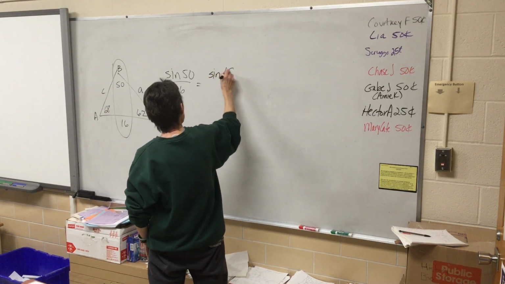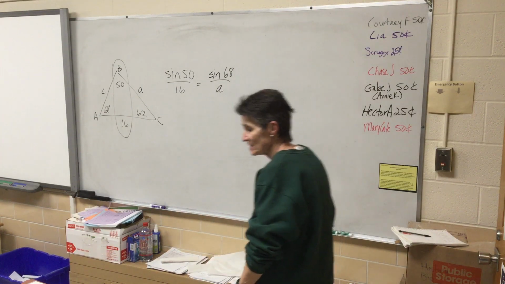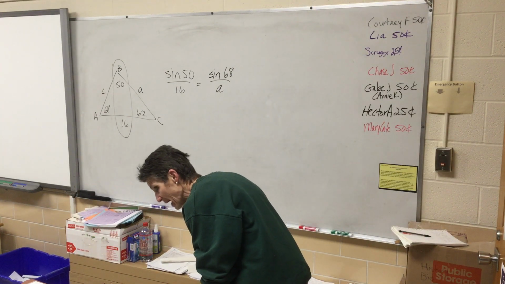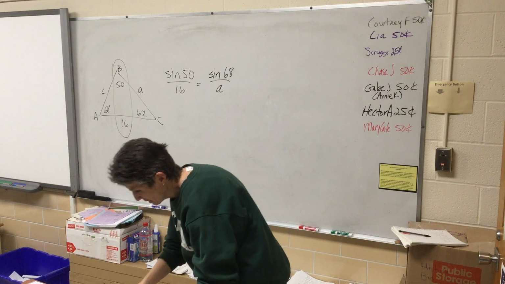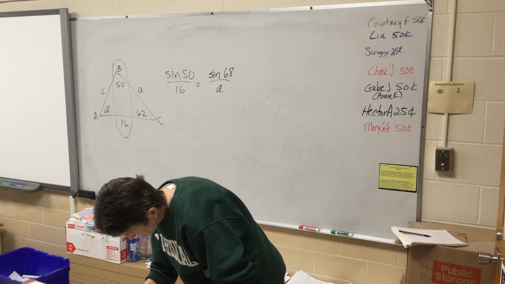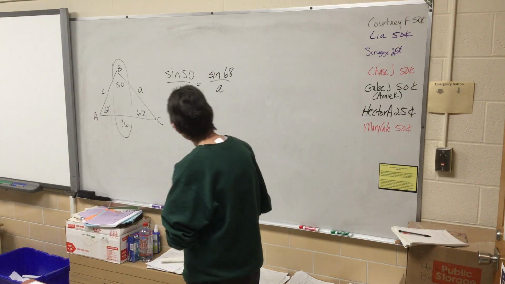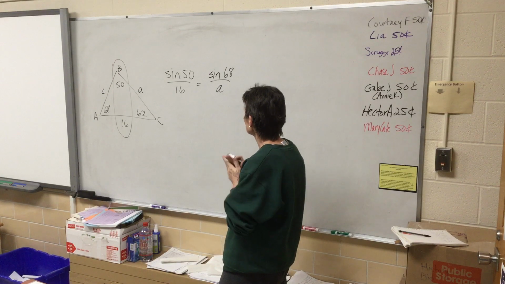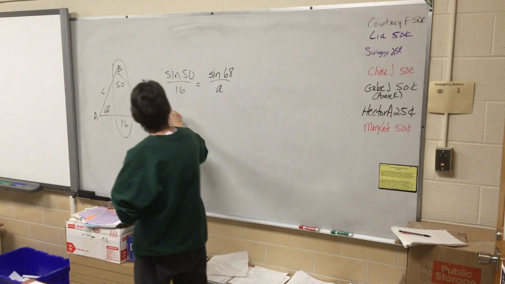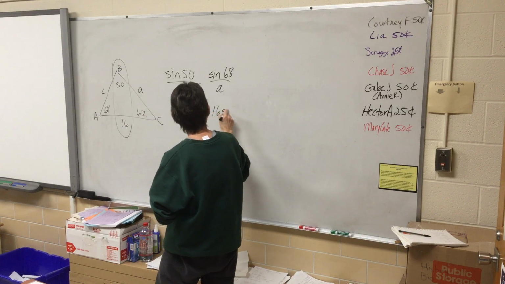That's absolutely fine. It could also be sine 62 over c, right, gang? It doesn't matter which pair you go for. Just pick one and go for it. All right, so what do we do after we get our proportions set up? Cross multiply. Yep. So a sine 50 equals 16 sine 68.